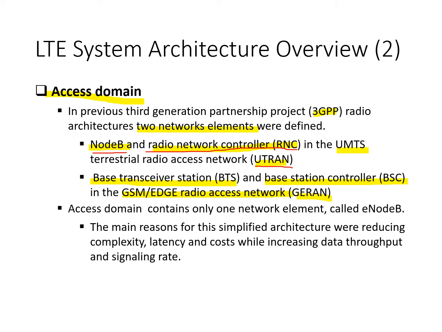In GSM, two elements are BTS and BSC. In LTE network, these two elements are combined into one element called E node B. The two elements are combined into one element so that the access domain can be simple.